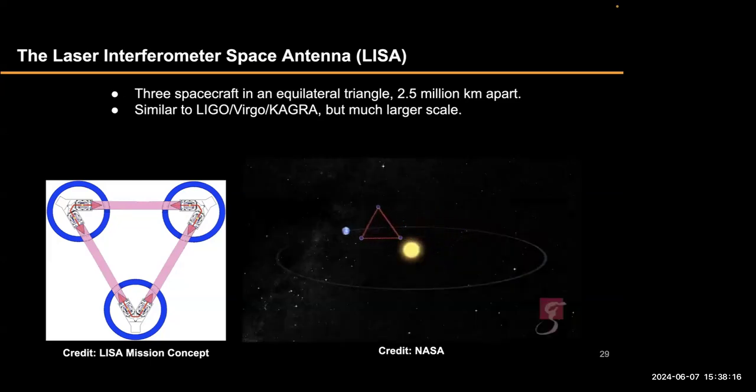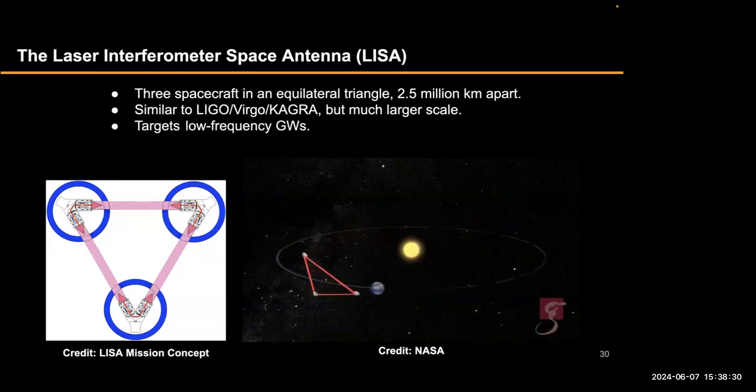And of course, it's going to be launched into space, and then it's just going to basically orbit the Sun trailing Earth, and it's just going to keep doing this over and over. So the main difference here is that this will allow us to target lower-frequency gravitational waves. You can think of it as the wave speed being the product of the wavelength and the frequency of the wave.